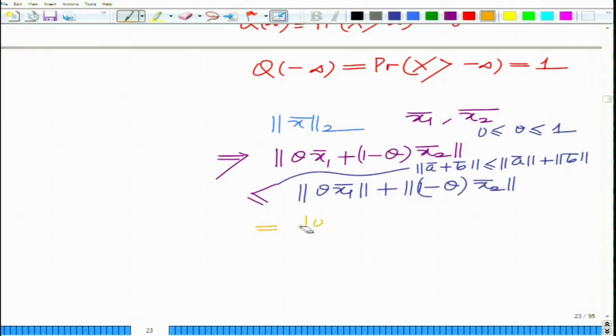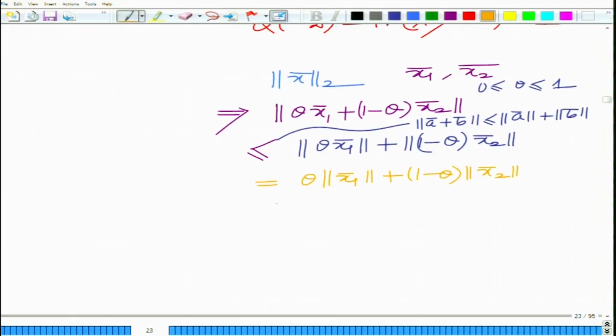So, this is simply theta times norm of x1 bar plus 1 minus theta times norm of x2 bar, which is basically theta times f of x1 bar plus 1 minus theta times f of x2 bar, where f of x bar equals norm of x bar, the two norm.